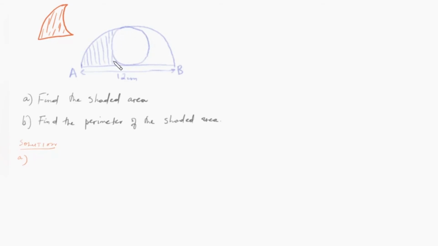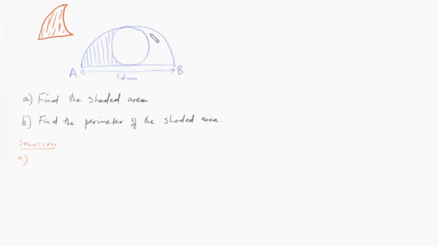What are we going to do with the areas? We will find their difference. When we find their difference, we will have the area of the semicircle minus the area of the circle.